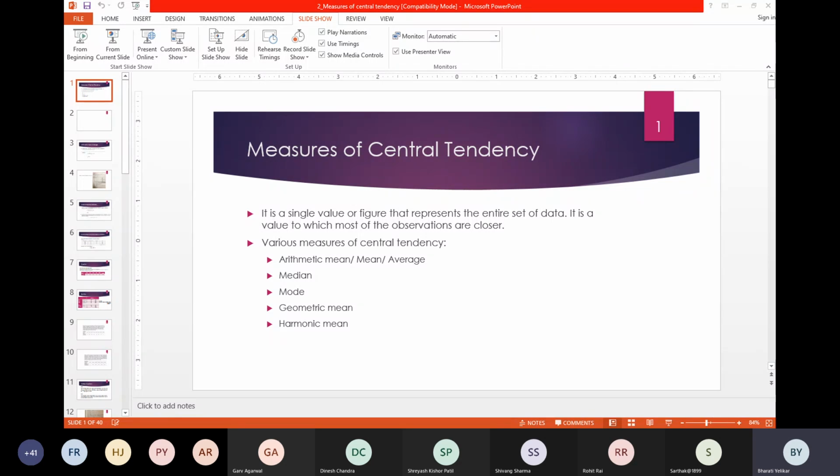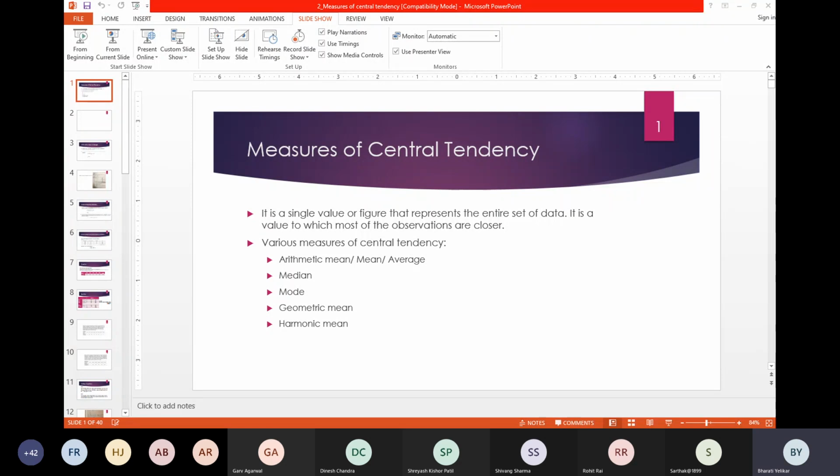Central tendency means, see, it is the descriptive summary. Note down this: descriptive summary, or you can say descriptive statistics. How can we analyze statistical data? In two ways. Number one is descriptive statistics, and number two is inferential statistics.